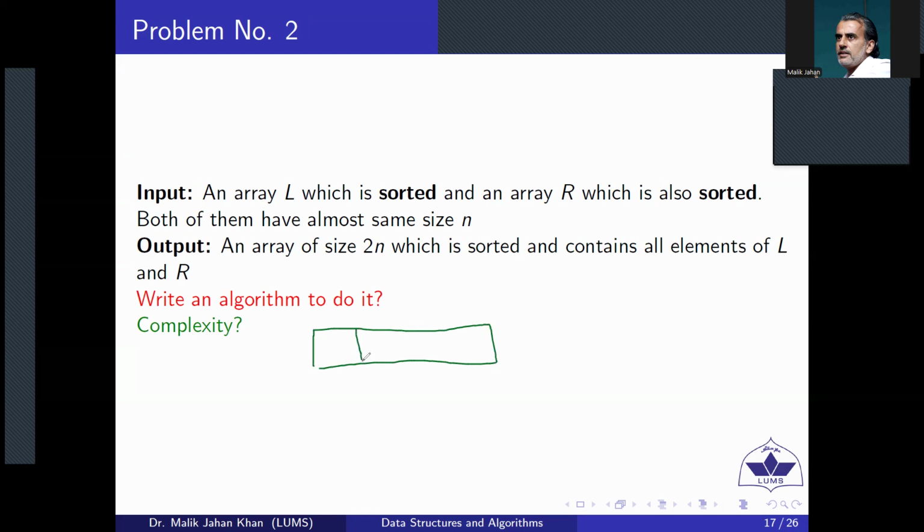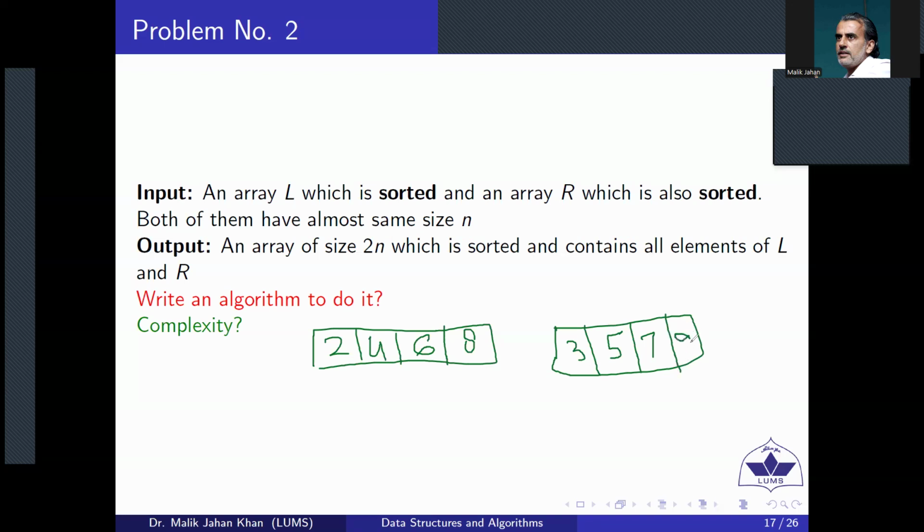For example, let's say we have 4 numbers over here, 2, 4, 6, and 8, and 4 other numbers on the right, 3, 5, 7, and 9.